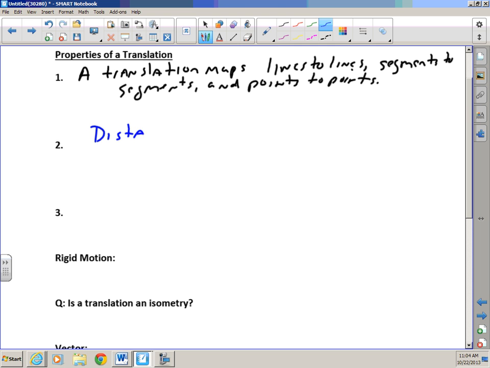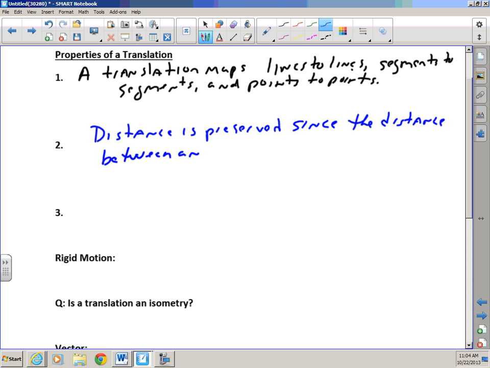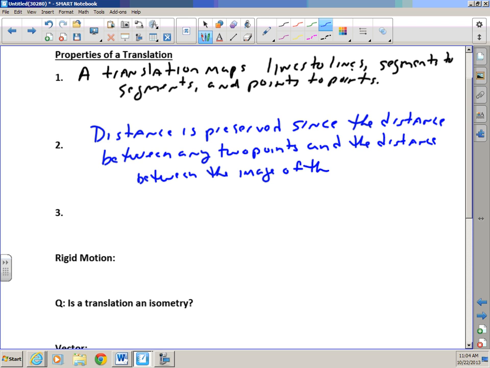Distance is preserved. Since the distance between any two points and the distance between the image of those points is the same.